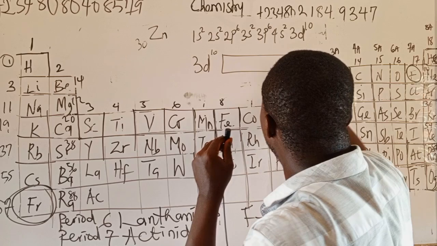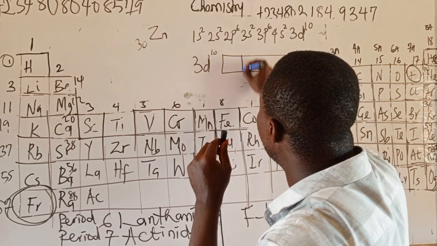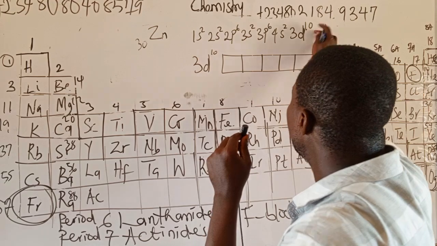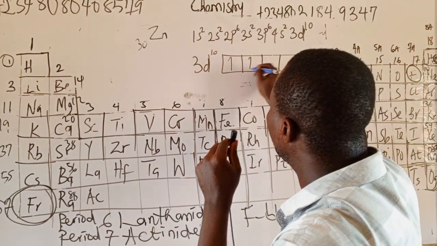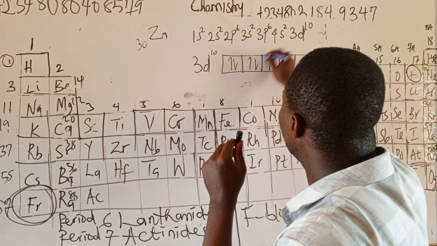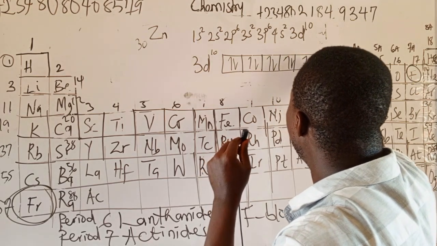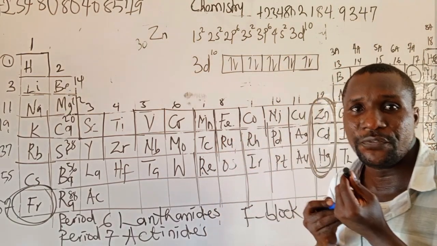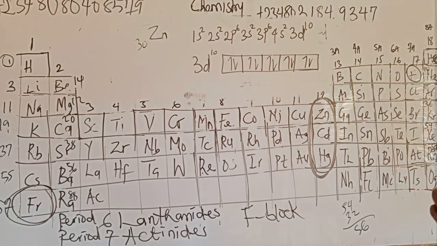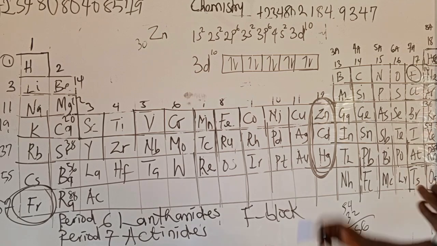I know that the d subshell has 5 orbitals: 1, 2, 3, 4, 5. Fill them and pair them up, making 10. It's fully filled. That means zinc is not a transition metal.